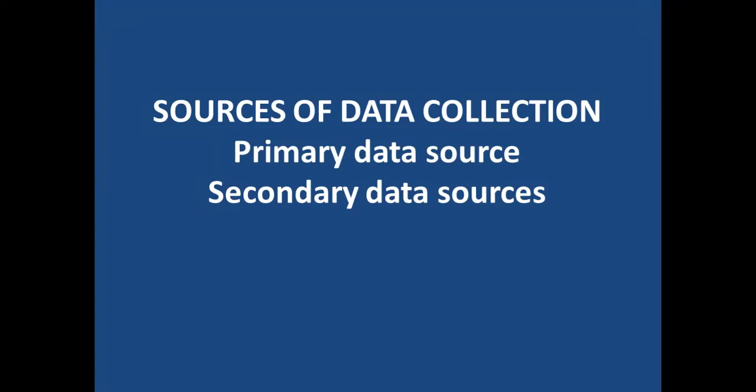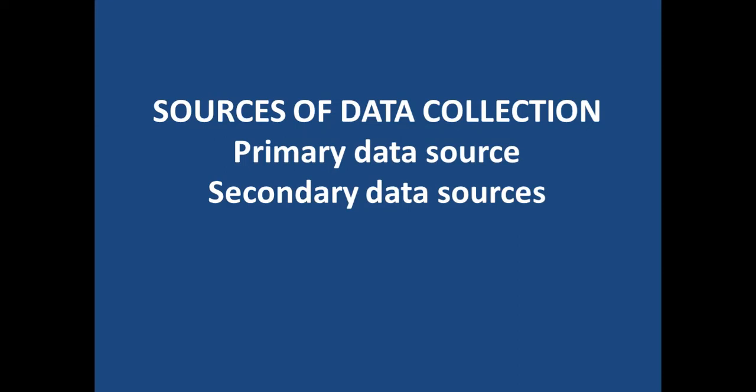So we have two sources, as I mentioned. We have been talking about primary data. Generally, 70-80% of scholars try to collect primary data directly from the consumer or directly from the unit.